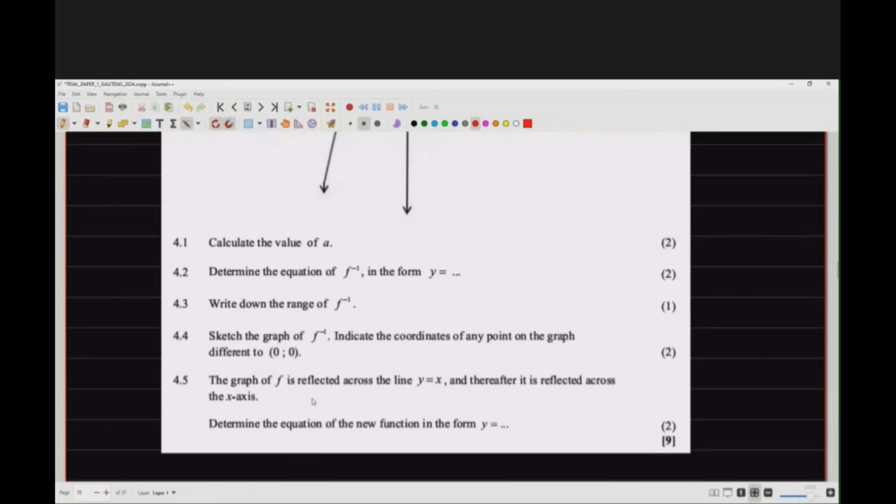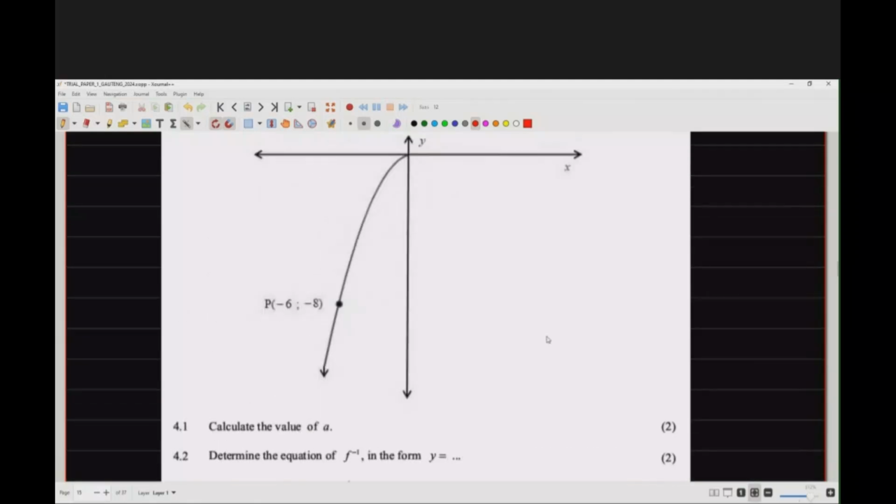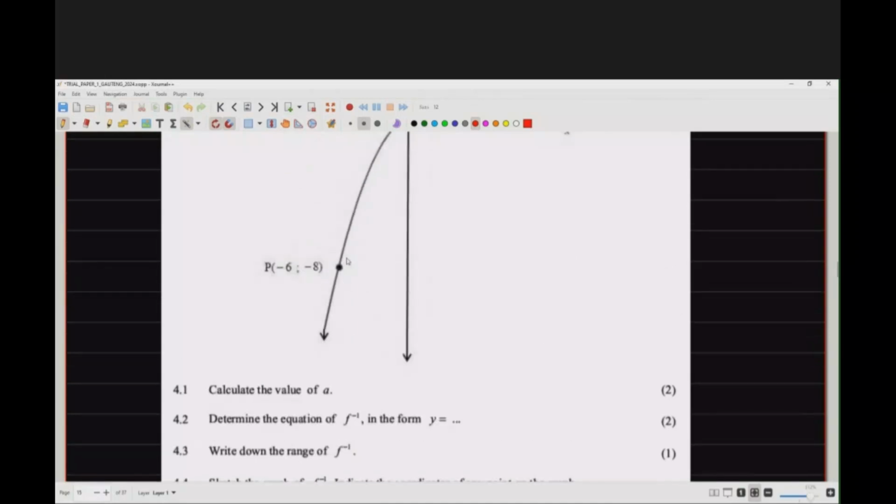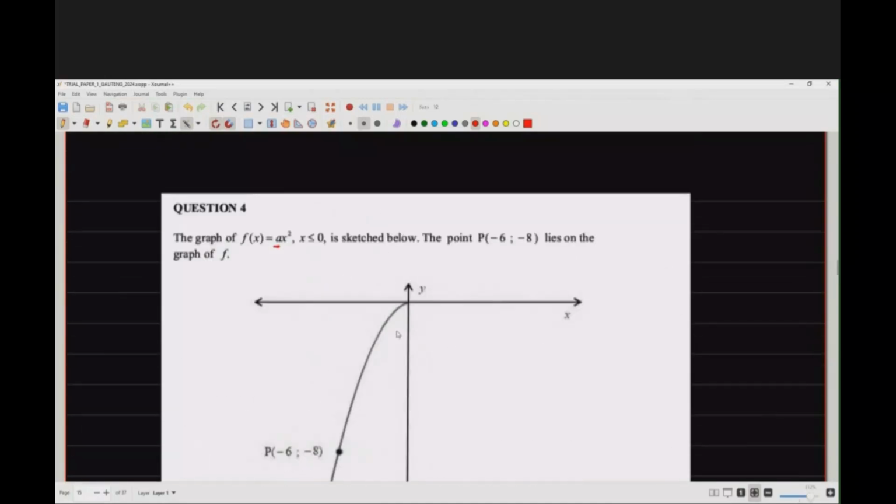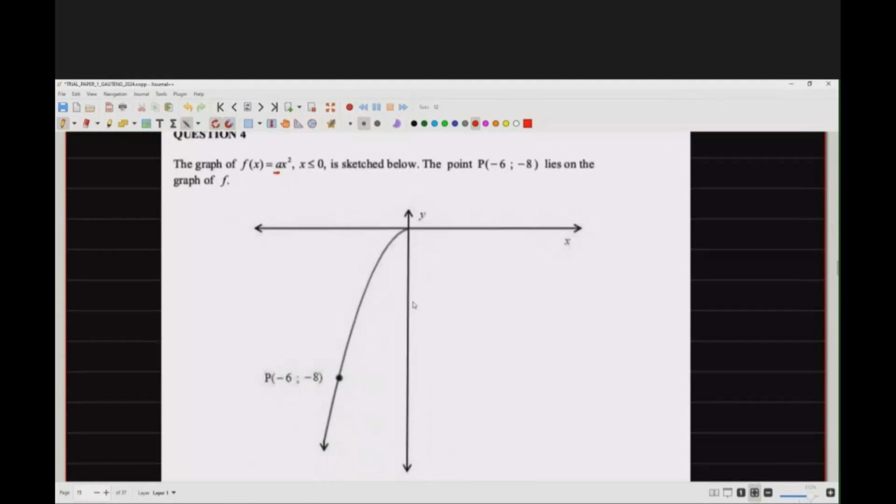4.4 here says to sketch the graph of f inverse. Indicate the coordinates of any point on the graph different to (0; 0). So we're going to sketch the reflection of this graph about the line y is equal to x.